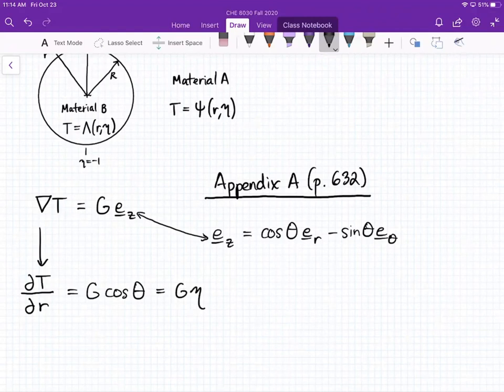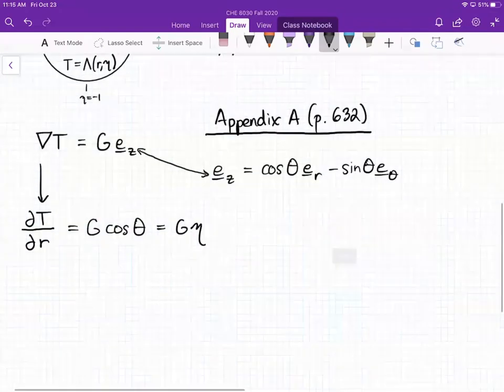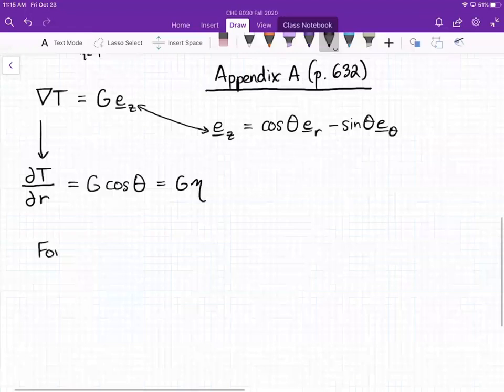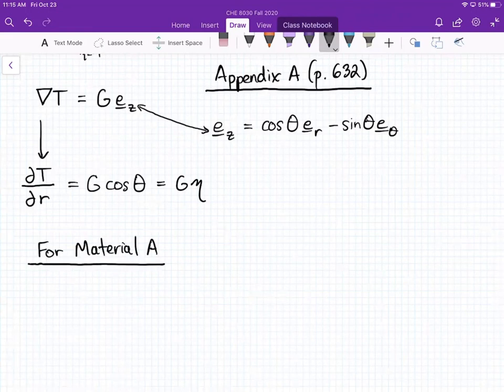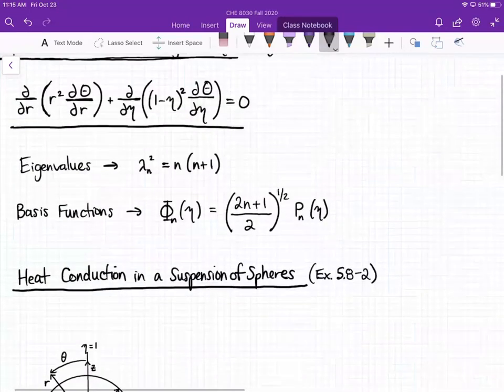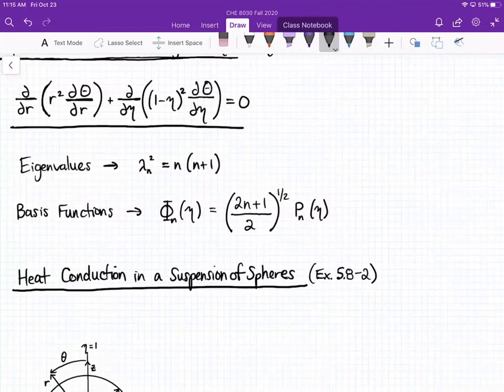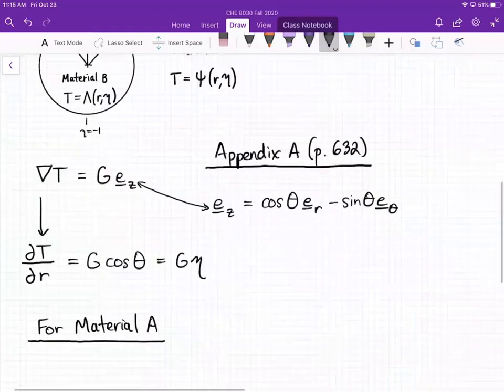Okay. So first thing we can do is write the governing equations for both material A and material B. So let's start with material A. All I'm going to do is come back up here to my general governing equation, and substitute in psi where I see thetas.